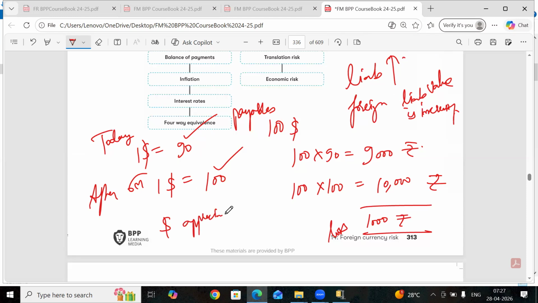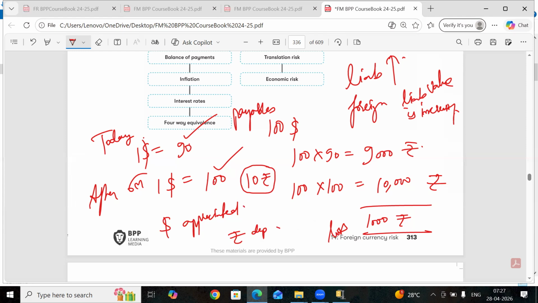Previously you were paying 90 rupees for $1. Now you are paying 100 rupees for $1. That means you are paying 10 rupees extra for 1 unit of foreign currency. When you pay an extra 10 rupees of your currency to buy $1, the purchasing power of your currency has gone down. That means more units of currency you are paying to buy $1. Dollar has appreciated, rupee has depreciated.